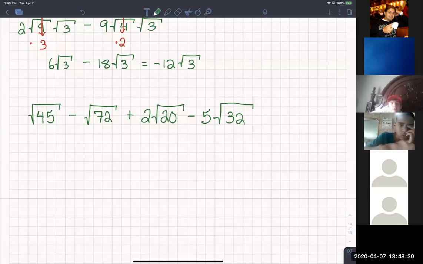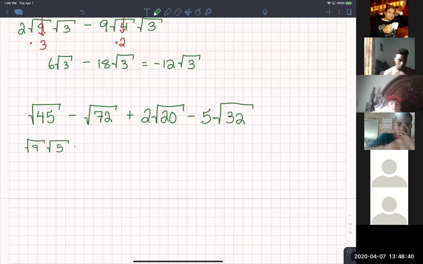So how do I simplify 45? Not 9 and 3, 9 and 5. Root 9, root 5. And how do I simplify 72? 8 and 9. Okay, how do I simplify 20?